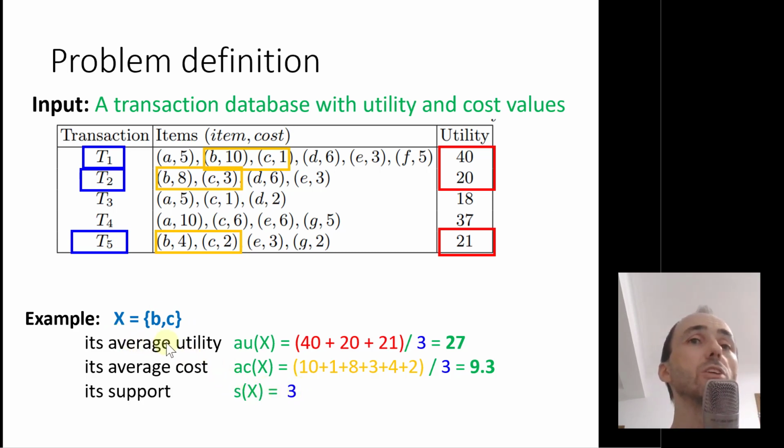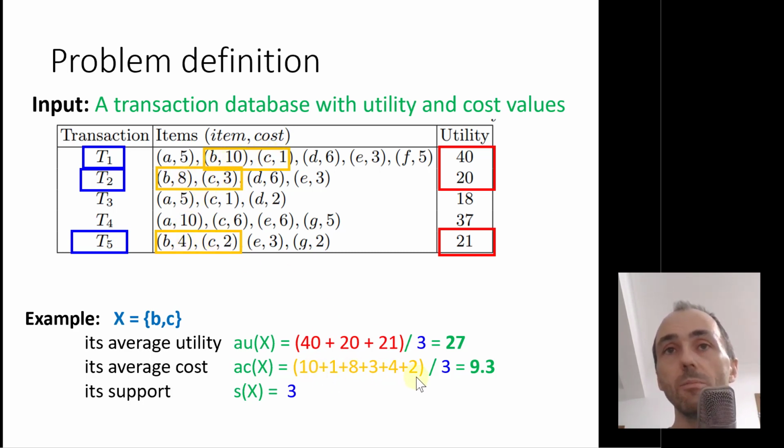Now for the average utility, we take the utility for all the transactions with BC, 40, 20, and 21. There are 3 of them, so on average, when we do this activity, the utility will be 27, like the average grade, for example, for e-learning. And the average cost will be all the costs for BC, like 10, 1, 8, 3, 4, and 2.